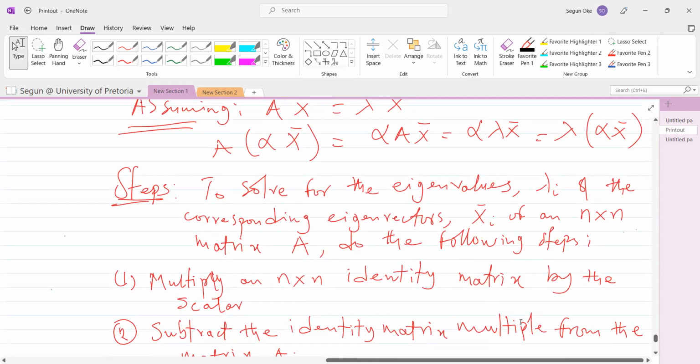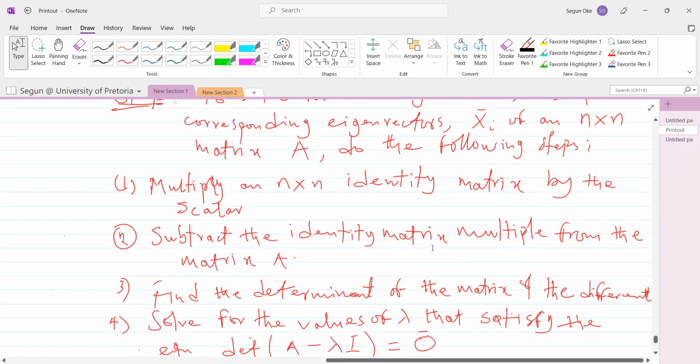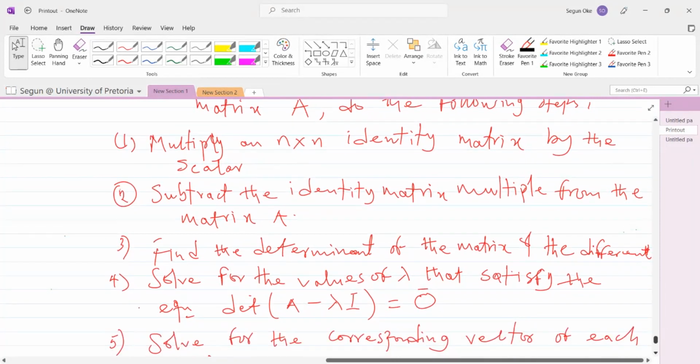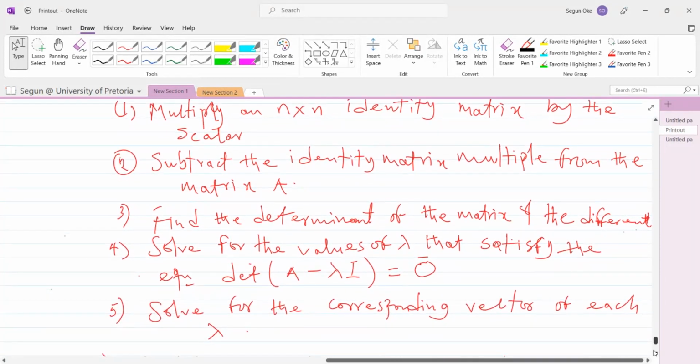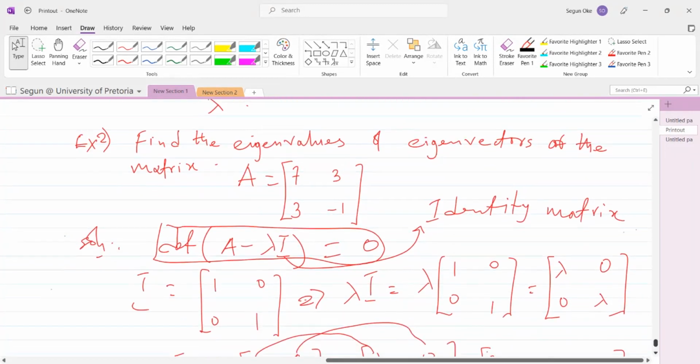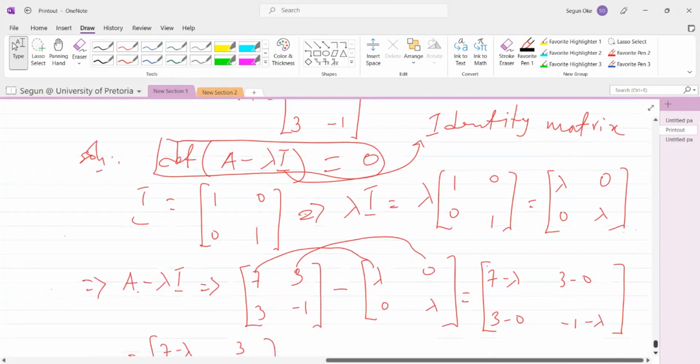Subtract the identity matrix from the matrix A. Okay, you can see what I did now. The identity matrix that we prepared from step 1, which is multiplied with the scalar, we are using it to subtract. So that is what step 2 is saying. Can you read step 3 for us, please?